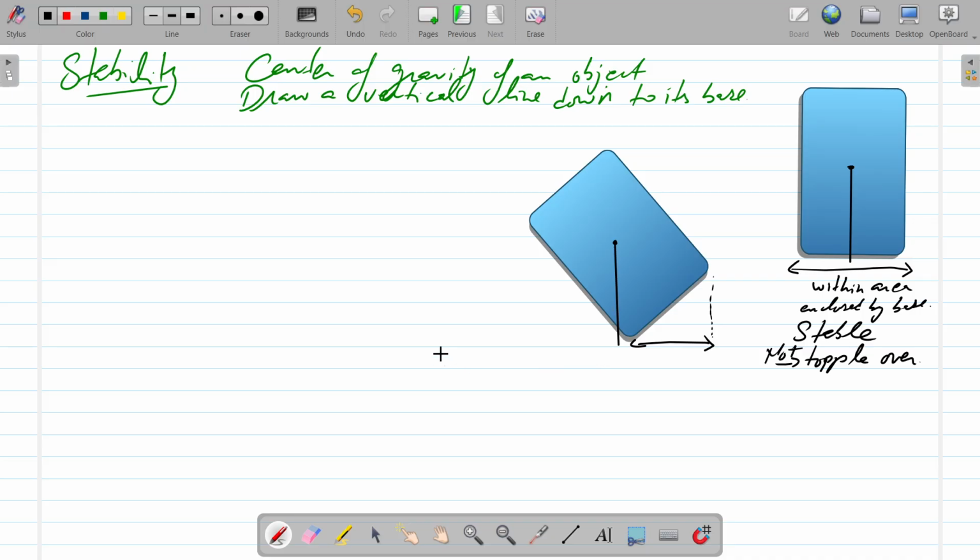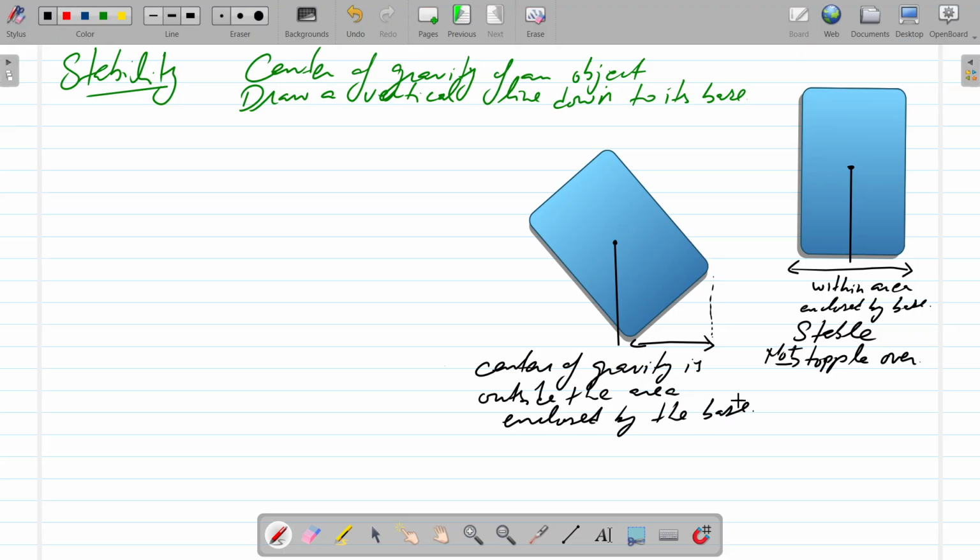So the center of gravity is outside the area enclosed by the base. And in this case it will topple over. It is not stable.